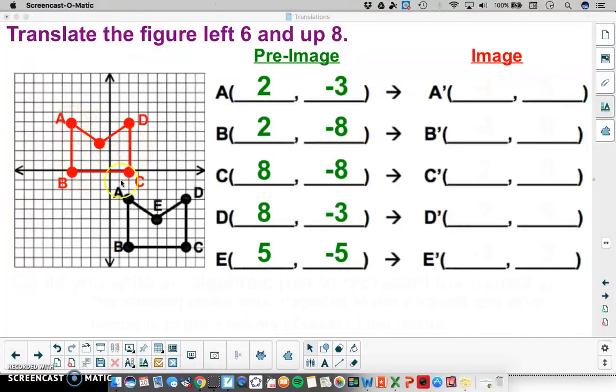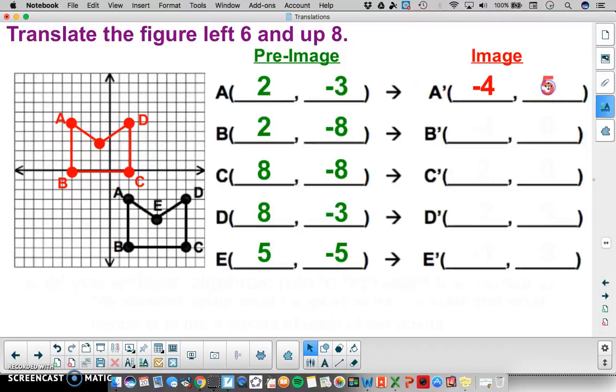So now we have the image points: A at (-4, 5), B at (-4, 0), C at (2, 0), D at (2, 5), and E at (-1, 3).